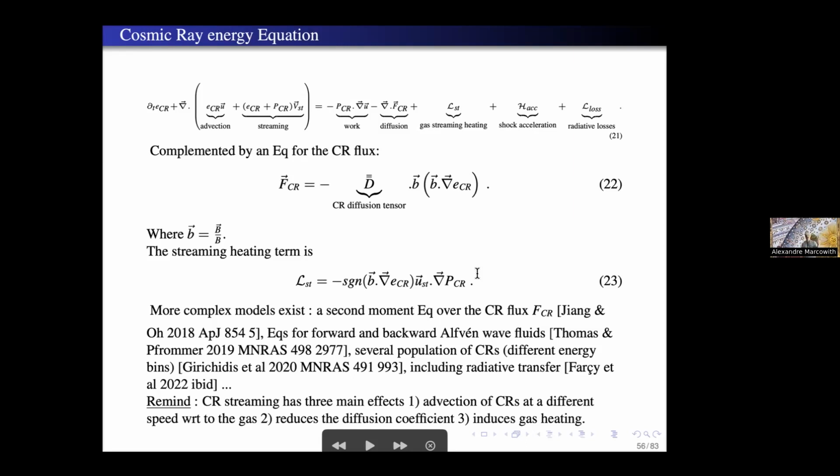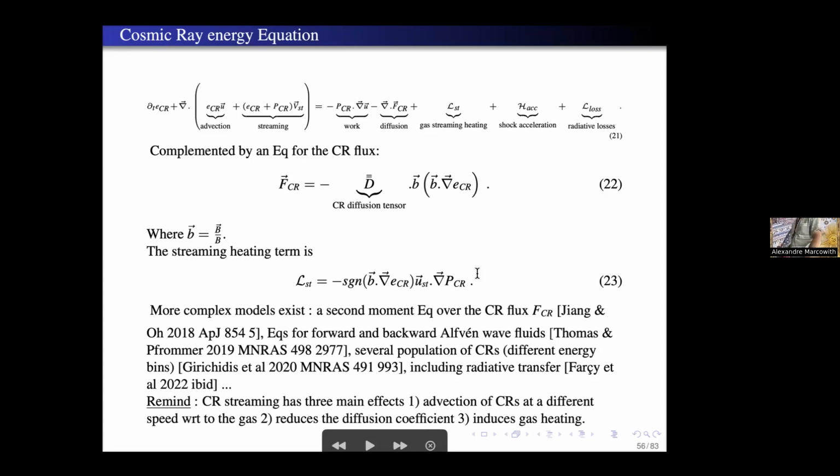So this is a source term. And also cosmic rays can have some radiative losses. At high energy, for electrons, it is synchrotron and inverse Compton. For protons, it's pion production. But at low energy, you enter into ionization or Coulomb losses, depending on the level of ionization of your plasma.